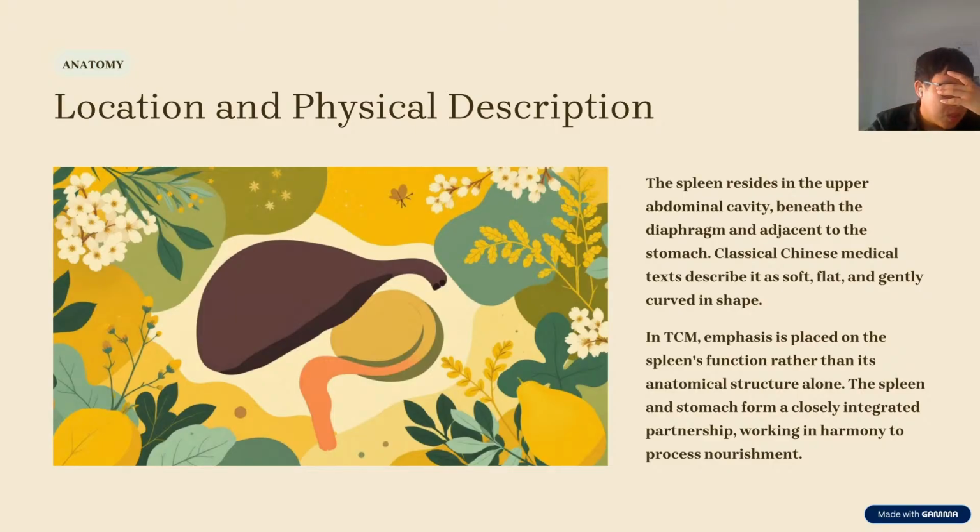So the spleen in Chinese medicine is more like the function of your digestion system, which includes the function of the gallbladder, pancreas, small intestine, and stomach. The spleen in Chinese medicine is more functional rather than anatomical.